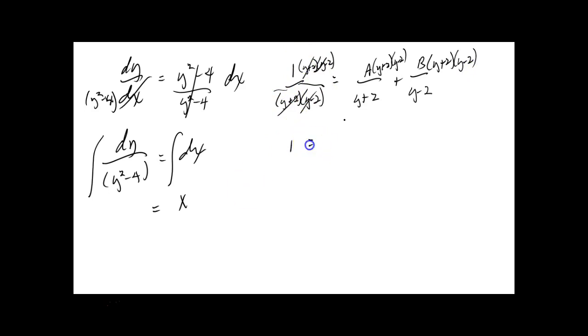Over here, y plus 2 goes out, and you get a times y minus 2 plus b times y plus 2. That's exactly what you said, but that's how you got there. Make it legal.